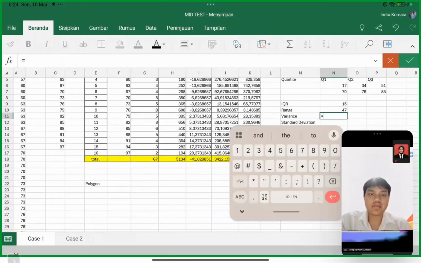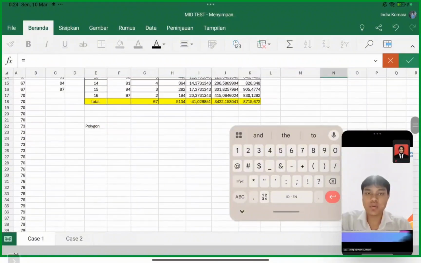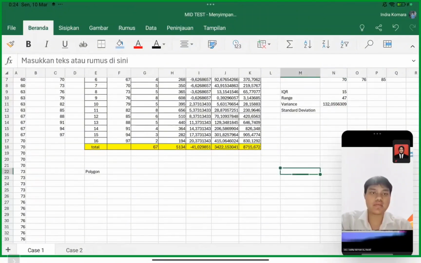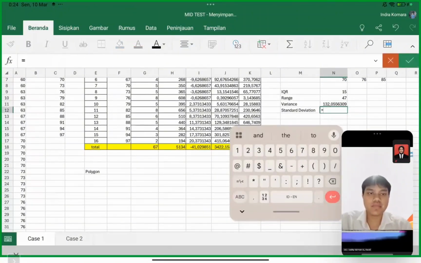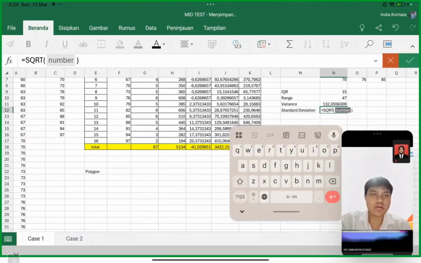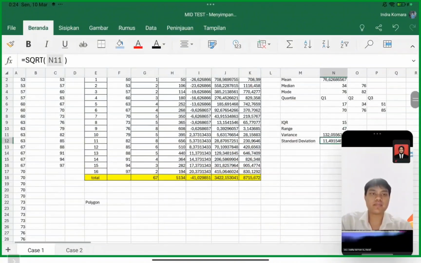So for the variance we use the total of f times x minus mean squared, divided by the frequency minus 1. Enter. Right, here's the variance. Now the standard deviation. For the standard deviation, we use the SQRT formula on the variance. Standard deviation is the square root of the variance. Okay, so right.